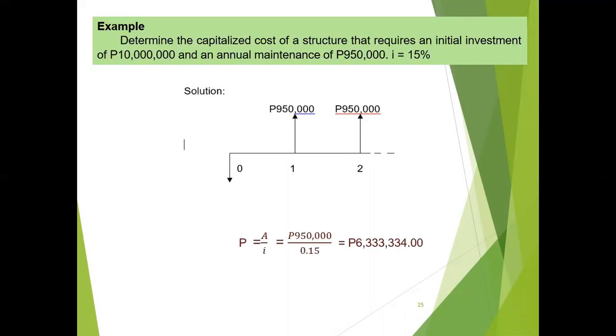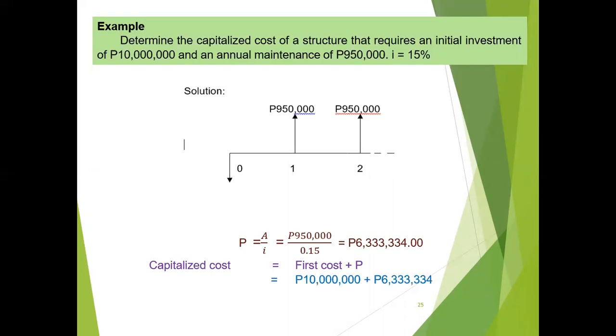So our present value is equal to A over i, or 950,000 over the interest, which is 0.15, or you have 6,333,334 pesos. Then our capitalized cost is equal to first cost plus our perpetual maintenance.